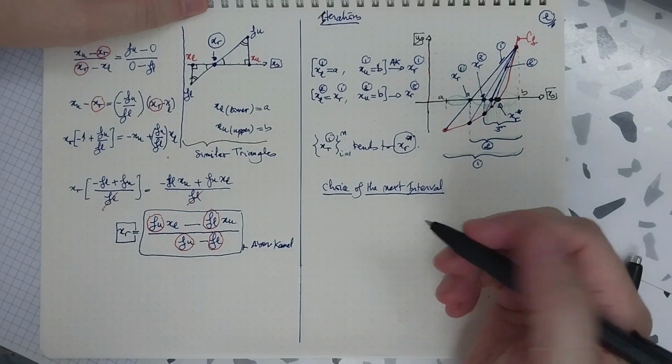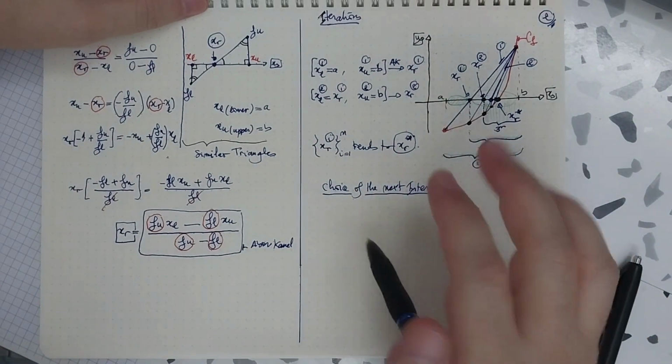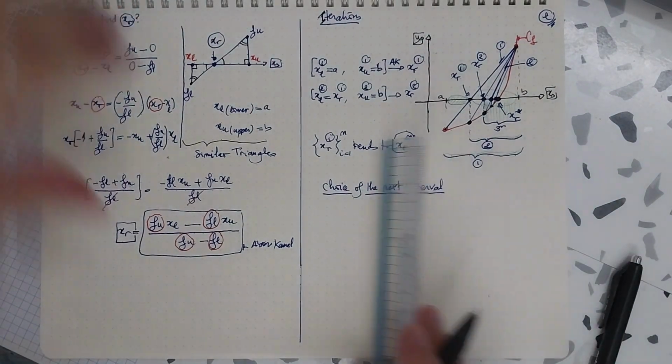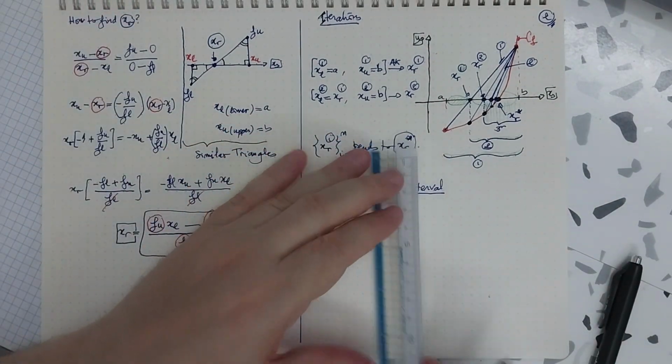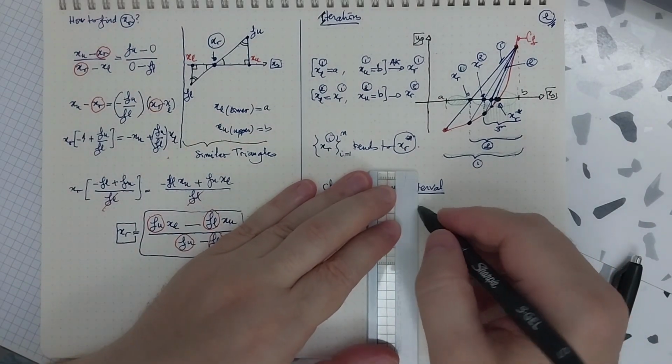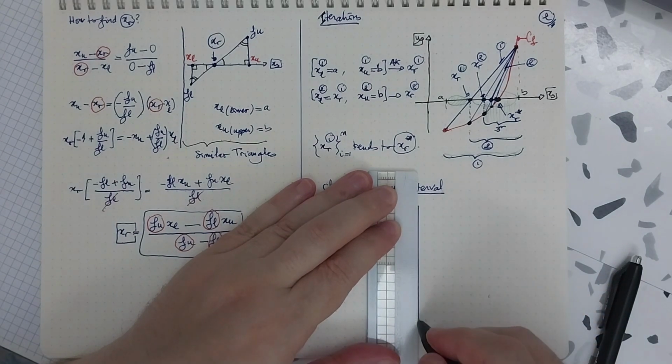We have three cases, actually two cases. The third is a theoretical case. So let's see the two cases. Subdivide our figure here.